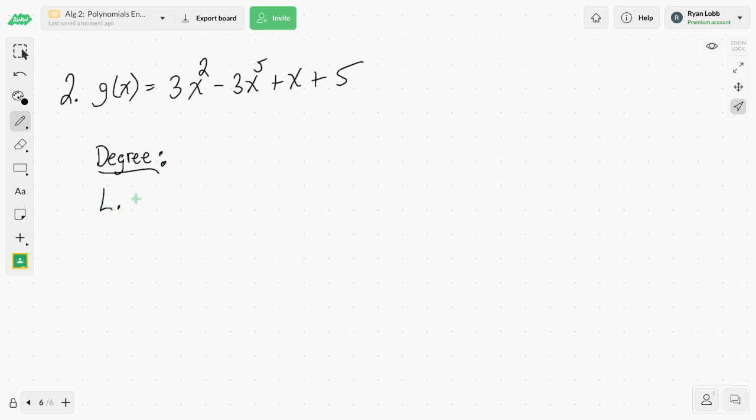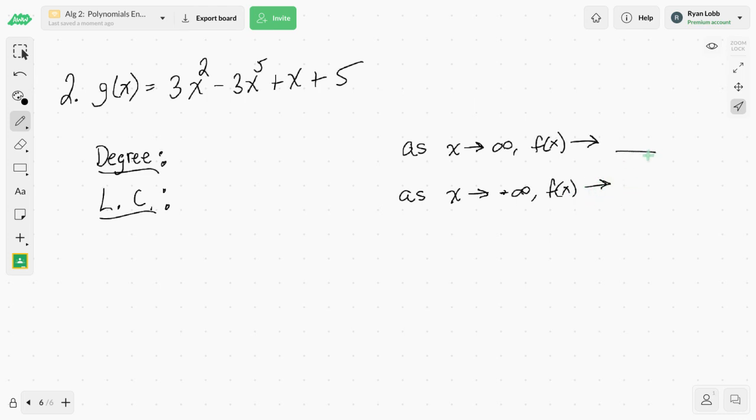And I need the leading coefficient. And we could do this. We can go over here, and before we start, we could say as x approaches infinity, f of x approaches. As x approaches negative infinity, f of x approaches. And then fill in the blanks.